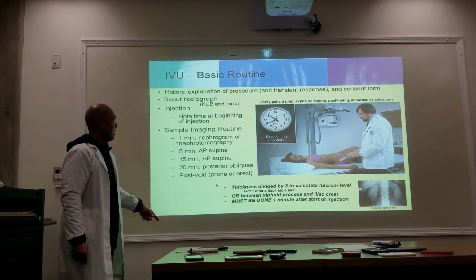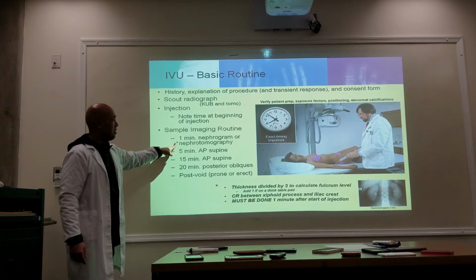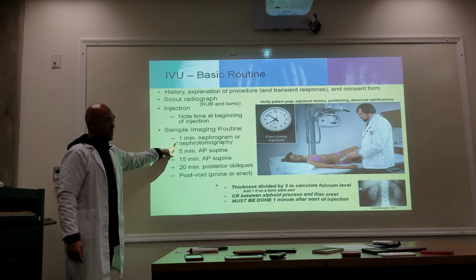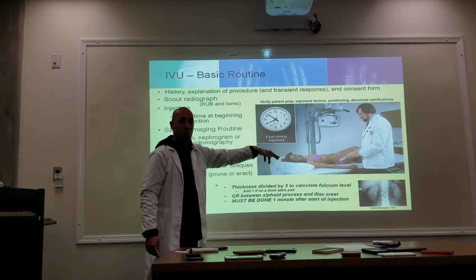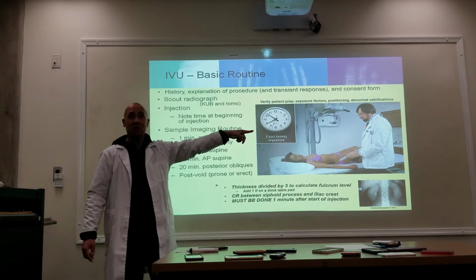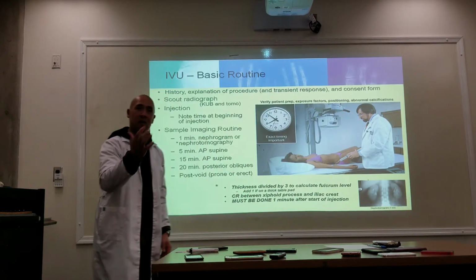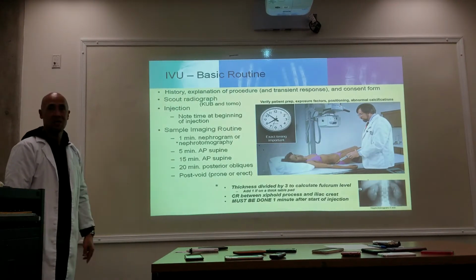Okay, inject. First shot is going to be your nephrogram or your nephrotomogram. You can't do any of this before you've determined where your fulcrum is and what your technical factors are, because it's going to be quick. You better have everything set before you start that injection.